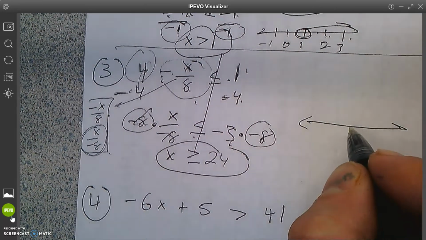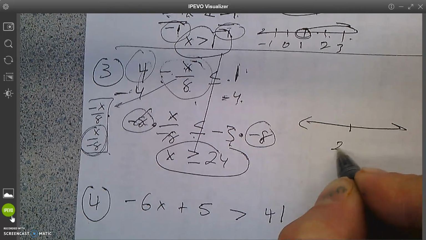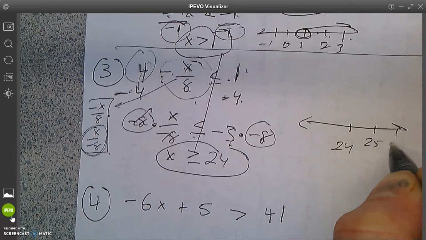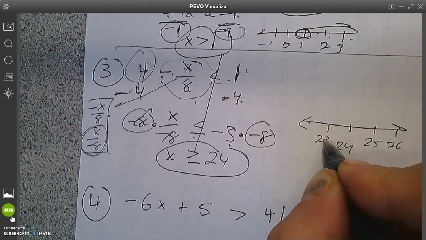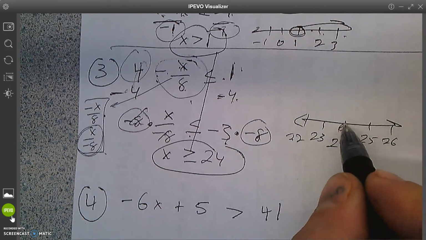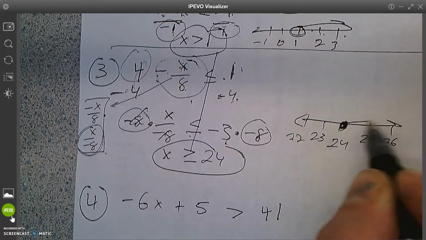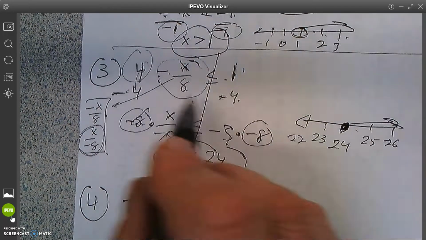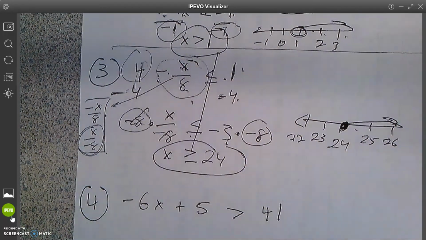There we go. So, 24 in the middle. Do some numbers above. Do some numbers below. Greater than or equal to, so shade in the circle, and then going to the right. So anything above 24 would work for this inequality.